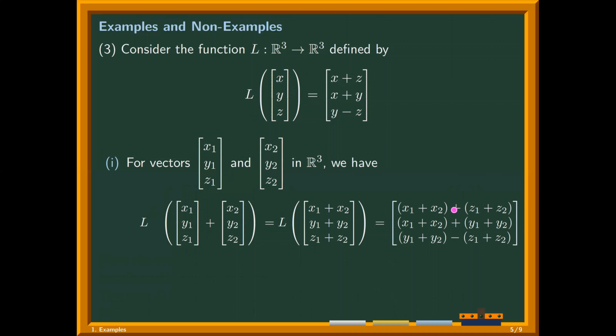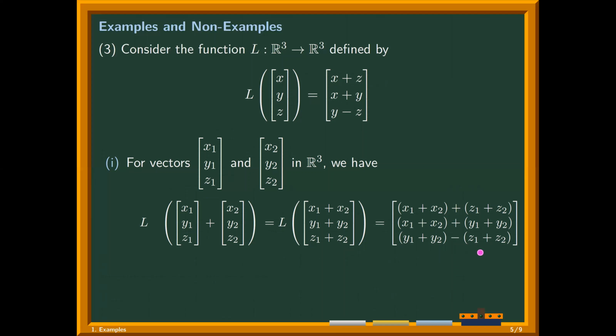The first component is the sum of the first and third components. The second component is the sum of the first and second components. The third component is the difference of the third component from the second component, following this rule.